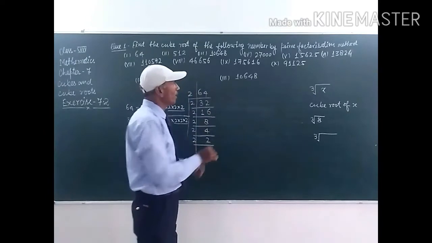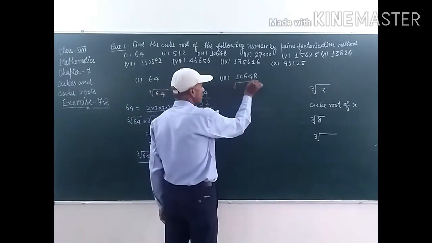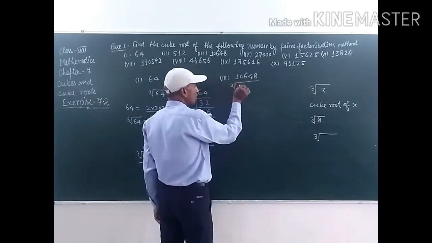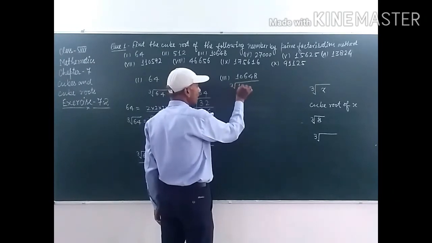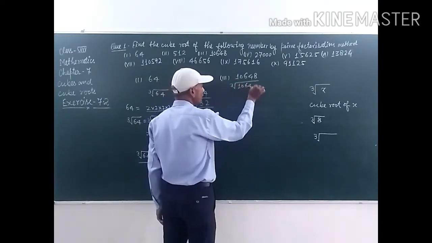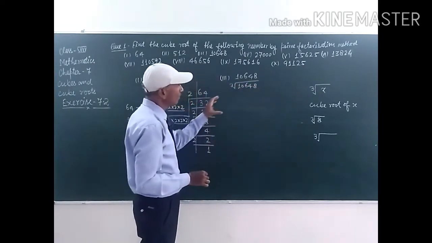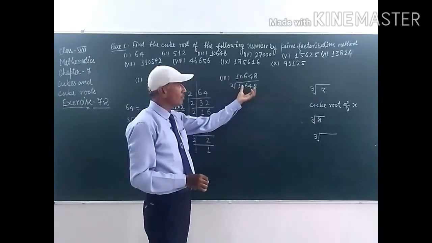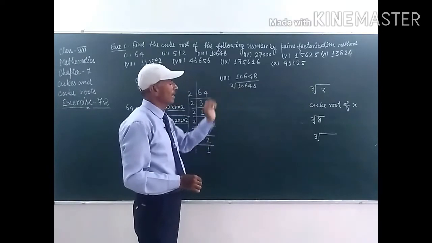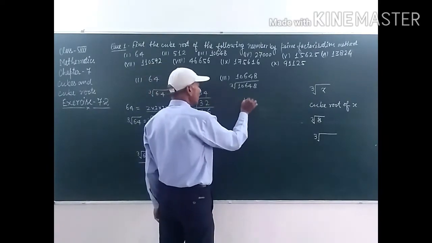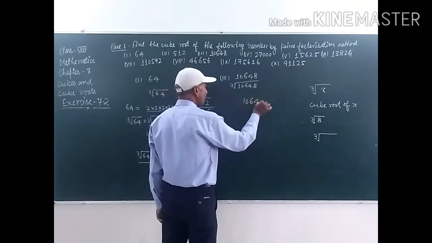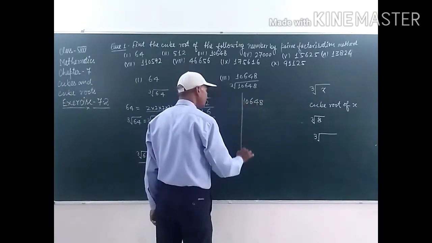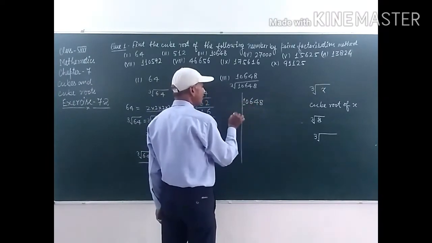Now we have to find the cube root of this number, student, meaning the cube root of 10,648. So first of all, we have to find the prime factors of 10,648.